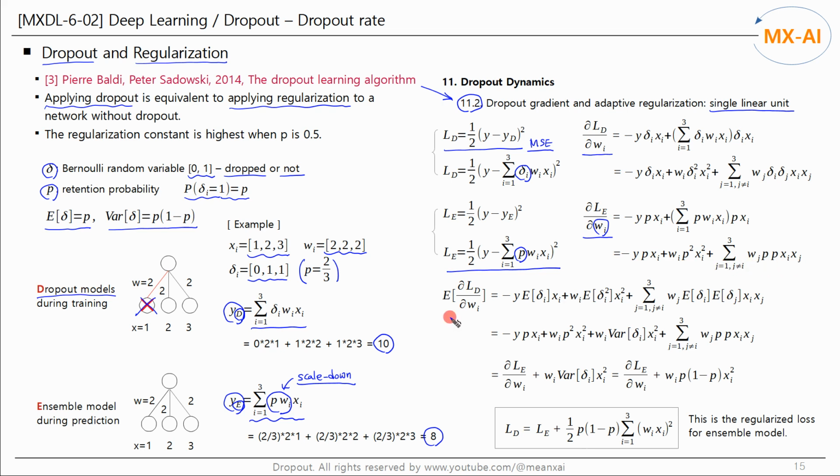Now let's find the expected value of the gradient of LD. Since this gradient depends on delta, the expected value is as follows. Since the expected value of delta is P, it can be written as follows. These parts are the gradient of LE, so it can be written as follows.